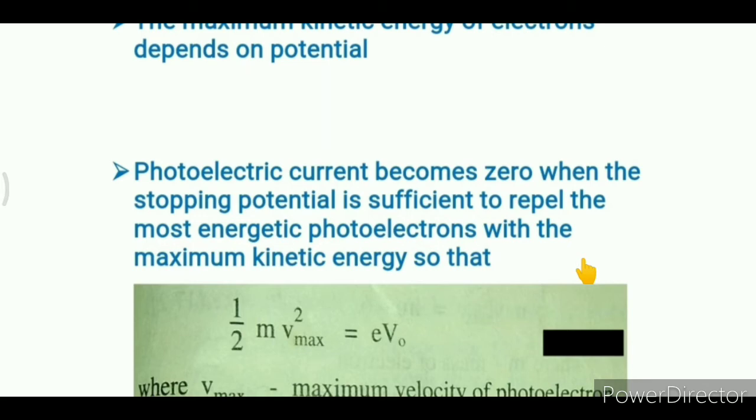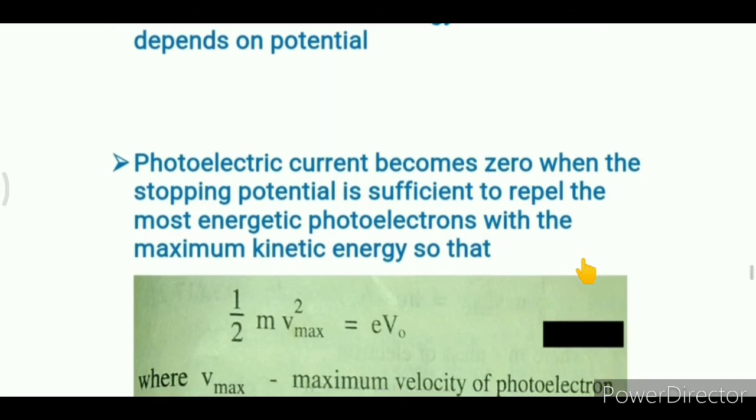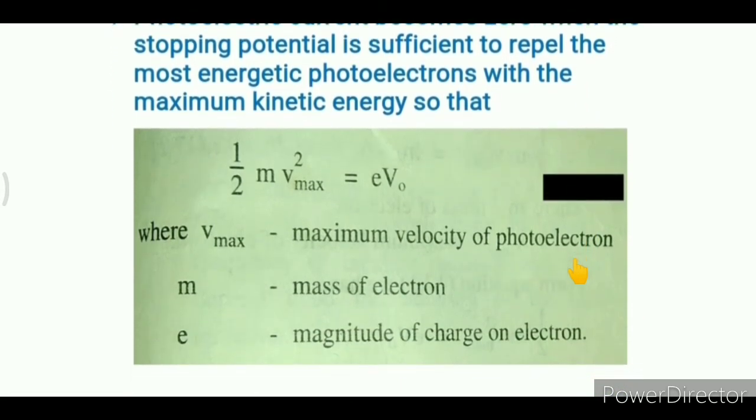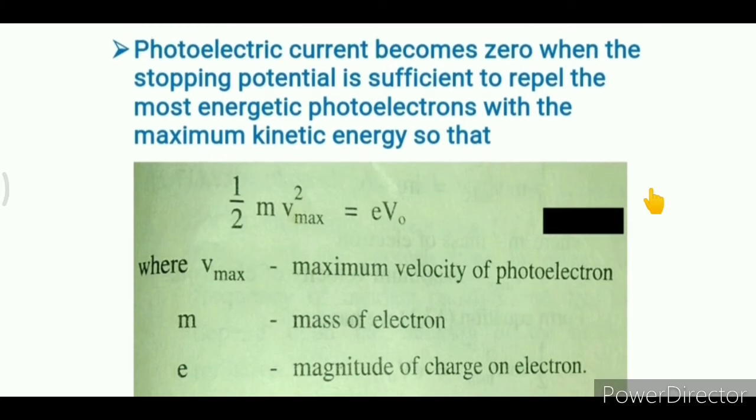And hence from this observation the equation is given, which is, as you can see, the maximum kinetic energy is equal to eV naught, where v max is the maximum velocity of the photoelectrons, m is the mass of the electron, and e is the magnitude of charge on the electron.